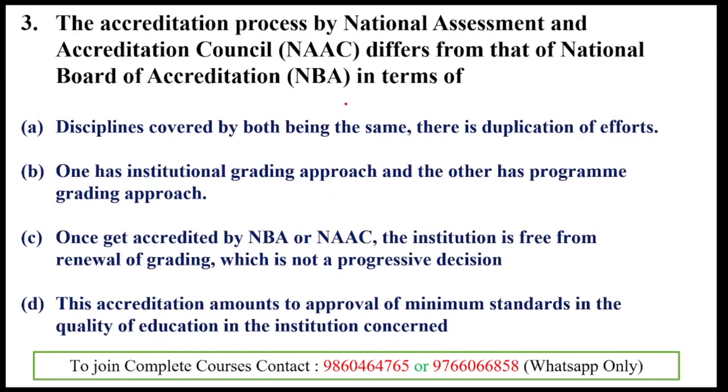The accreditation process by the National Assessment and Accreditation Council (NAAC) differs from that of the National Board of Accreditation, that is NBA, in terms of what? So both institutions, NAAC and NBA, are related to assessing the institution, the process, the program of the institution, and both are in some way different. And what is the difference between them?